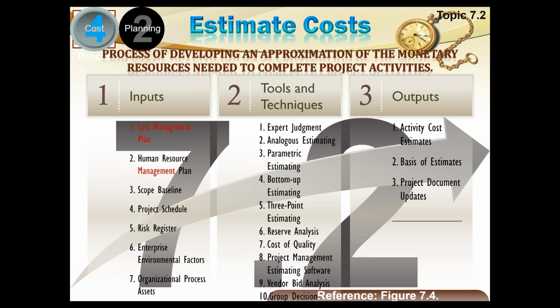If I am unable to find the cost of an item, then probably I will ask various vendors to bid for that, and then I would know after the vendor bid analysis how much it will cost me. I will also employ group decision making techniques with my team, discussing with them, and ultimately I'll come up with the activity cost estimates, my basis for estimates, and the project documents will be updated.